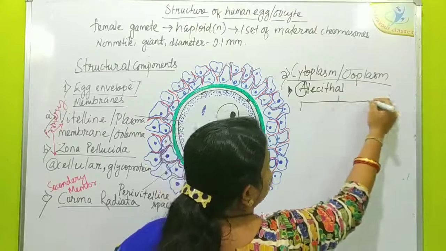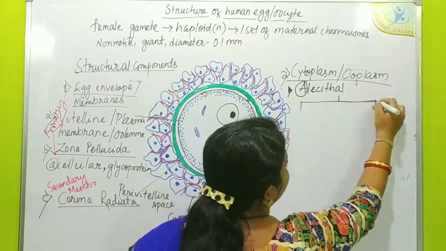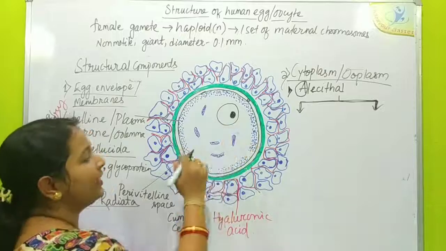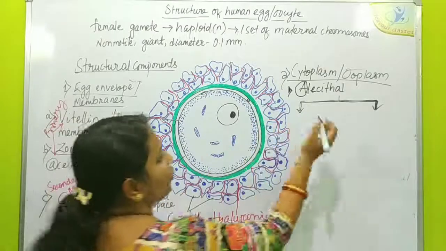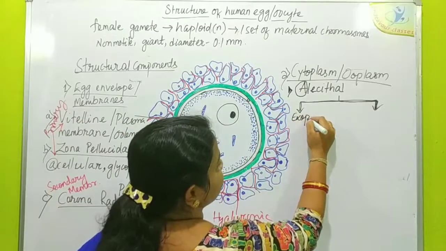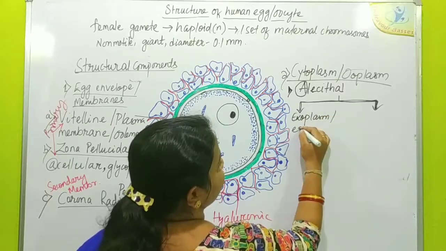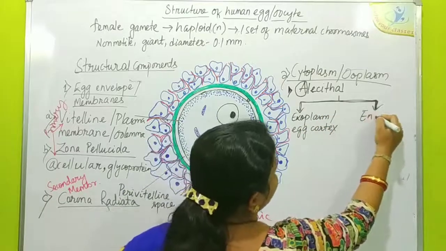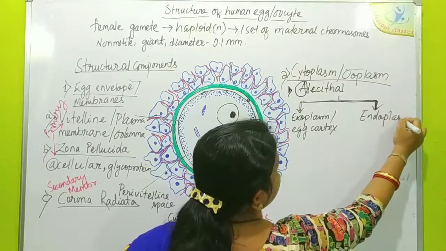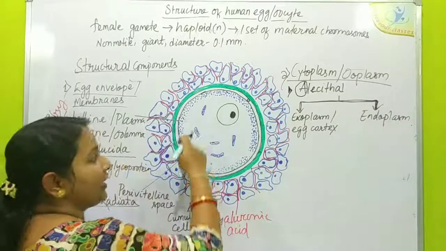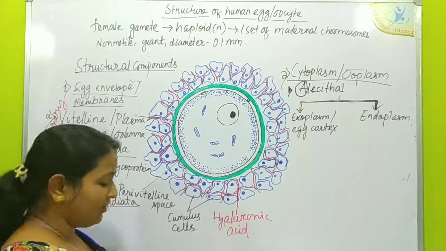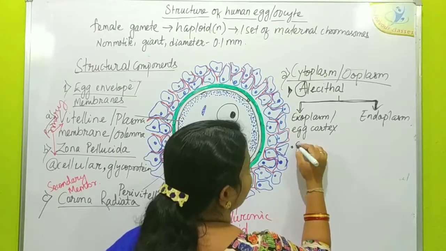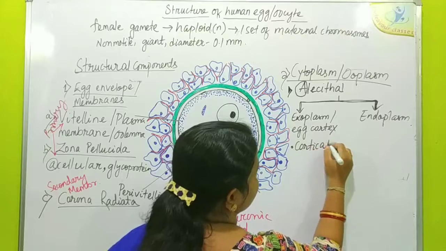The cytoplasm is divided into two zones, or you can find here two distinct areas: the outer cortex, called the exoplasm, or egg cortex, and the inner endoplasm. The cortical area contains microtubules and microfilaments, and also the most important structures, the cortical granules.